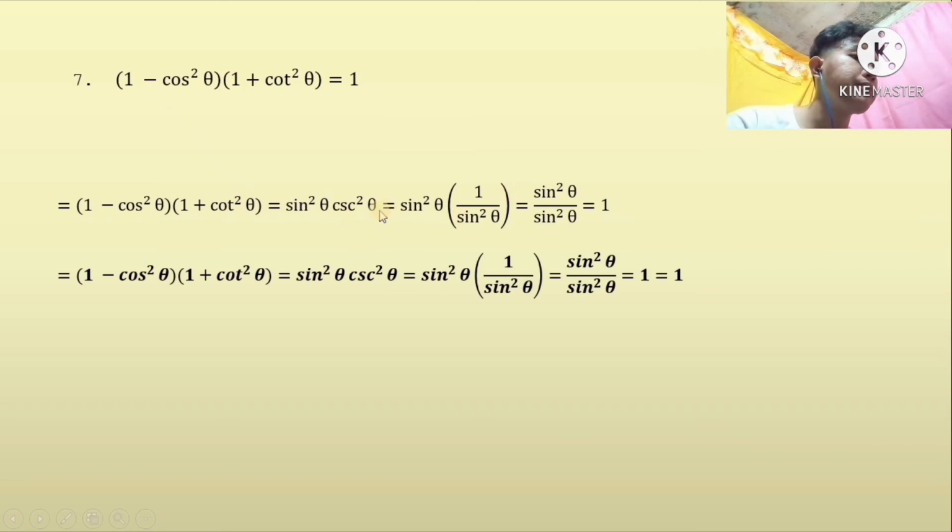Then convert cosecant squared theta to 1 over sine squared theta. So our equation would be sine squared theta times 1 over sine squared theta. So it will become sine squared theta over sine squared theta. So divide, it will become 1. So this is our solving.